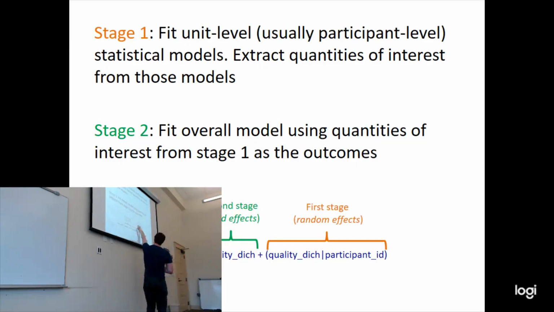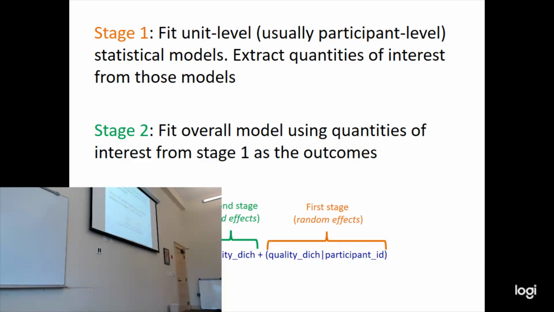This first stage, where you have these little miniature linear models, that's often called the random effects portion of the model. I've mentioned that term in passing on Monday. The random effects are basically the things that can vary from participant to participant. Each participant is going to have a slightly different intercept.